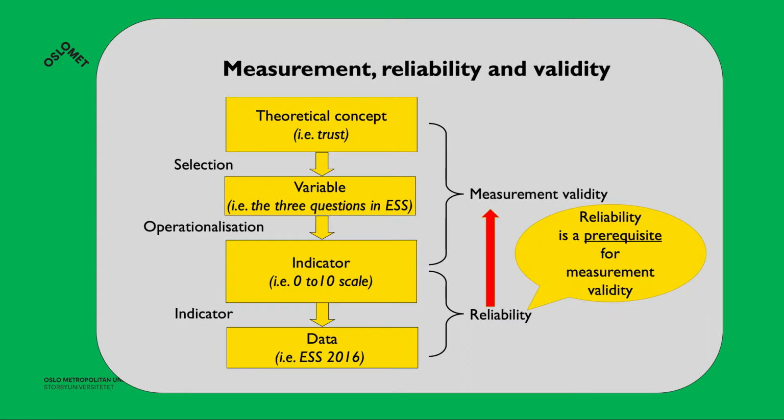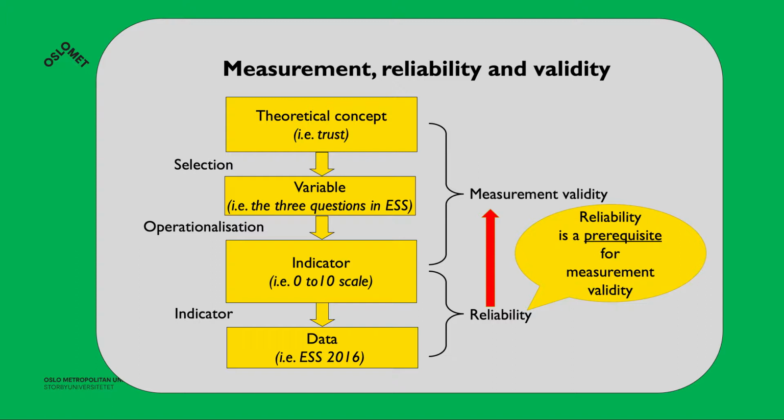So, measurement, reliability, and validity, how are these interconnected? Well, first and foremost, we have this theoretical concept, trust, and we select some variables we want to use, or questions we want to use to measure this theoretical concept, and these questions have to be operationalized, and in the European Social Survey they are done so with a 0 to 10 scale, where 0 means you have no trust, 10 means you have a lot of trust.